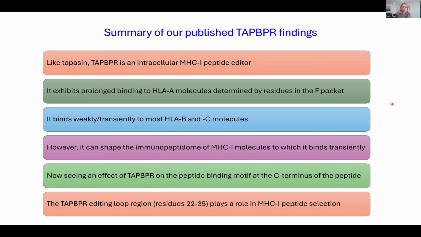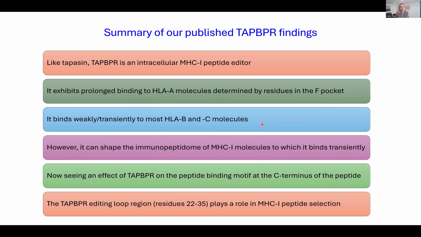So just to summarize this part of the talk, like tapasin, TAPBPR is an MHC class 1 intracellular peptide editor. It exhibits prolonged binding to HLA-A molecules, and this seems to be determined by residues in the F pocket. It binds weakly or transiently to most HLA-B and C molecules.